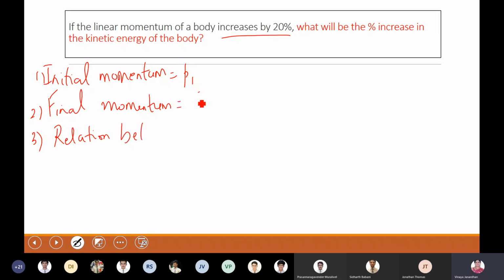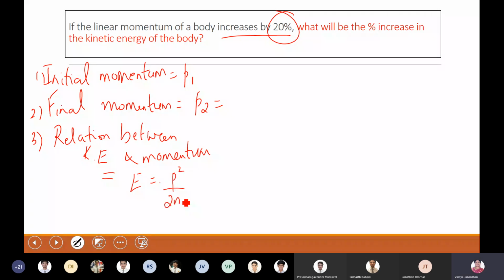You have to find what is P2 because it's increasing by 20%. What is the relation between kinetic energy and momentum? E is equal to P squared by 2m. This is the relation.